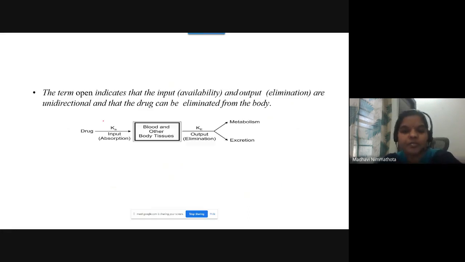The term indicates that the input, that is the availability or entry of the drug, and the output, that is the elimination, K capital E, are unidirectional, and that the drug can be eliminated from the body. Each and every word, every sentence is most important.